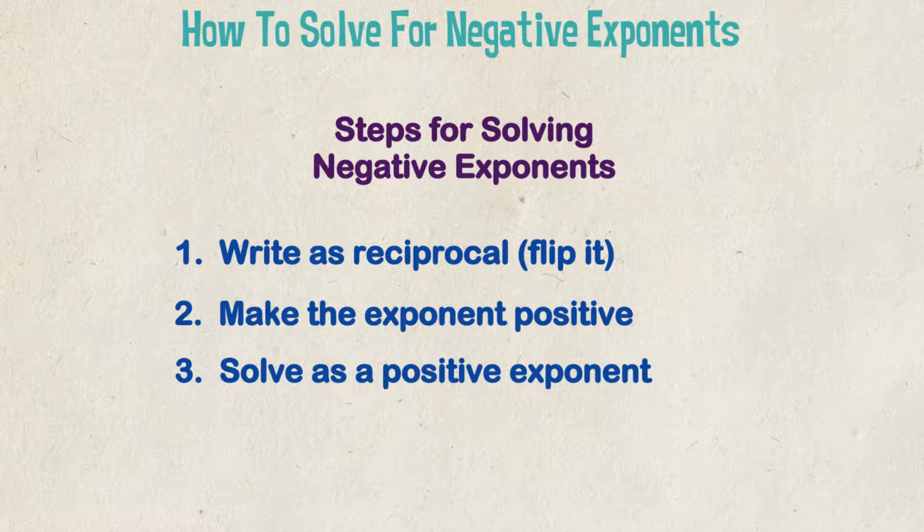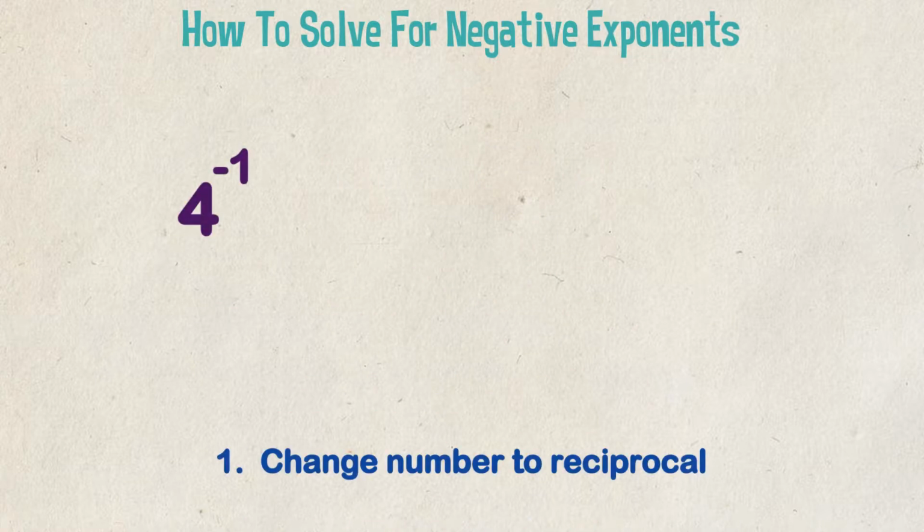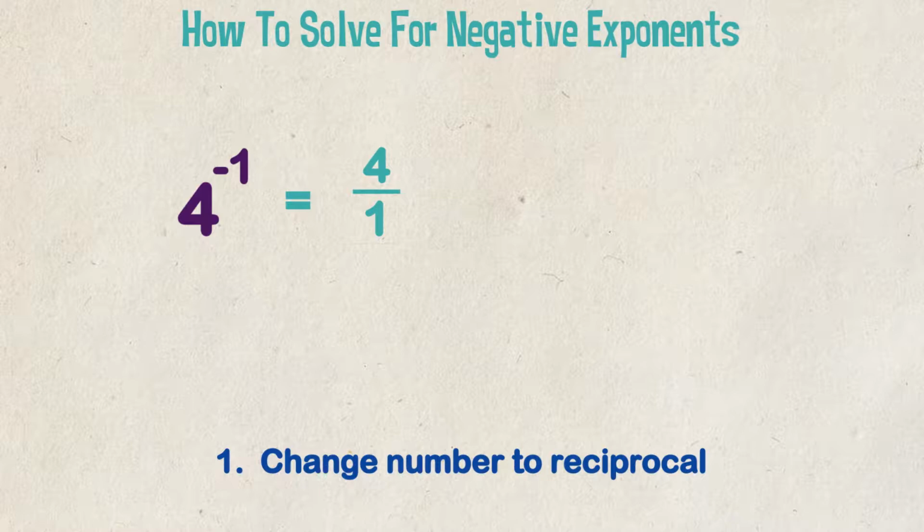So let's look at 4 to the negative 1st power again, and start with step 1. Change the number to its reciprocal. Well, what on earth is a reciprocal? It's just a fancy word for meaning inverse or opposite. In this case, the number 4 can be written in fraction form as 4 over 1. The reciprocal or inverse of that number would be 1 over 4.